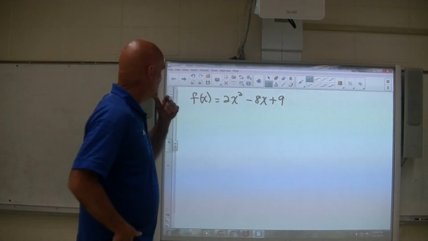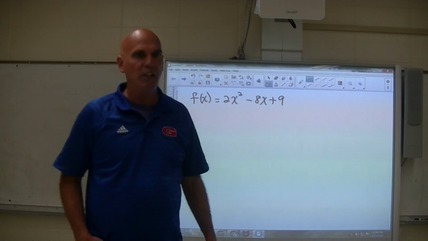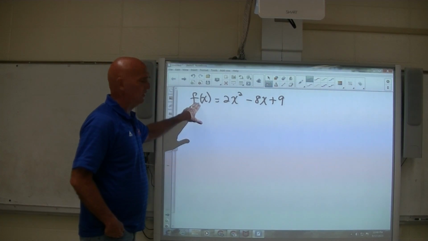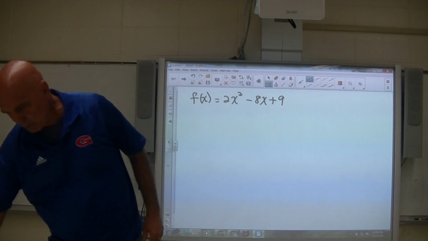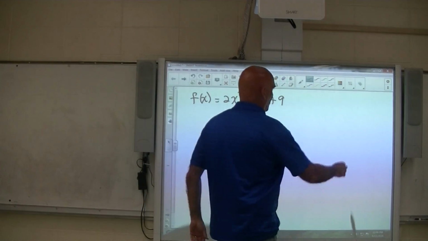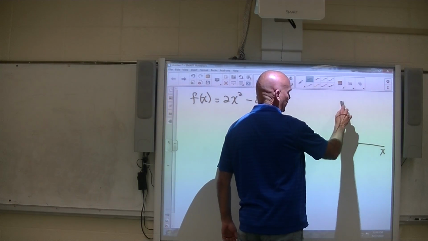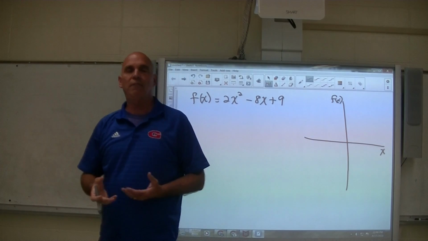So I'm going to give you an idea right here of what you would do. Here's what we call a quadratic equation or a quadratic function. The function notation is f of x. We use that in place of y, so just think of f of x as being y. Here in a minute, we're fixing to graph it, and instead of saying there's the x-axis and there's the y-axis, we're just going to say that's the f of x axis.